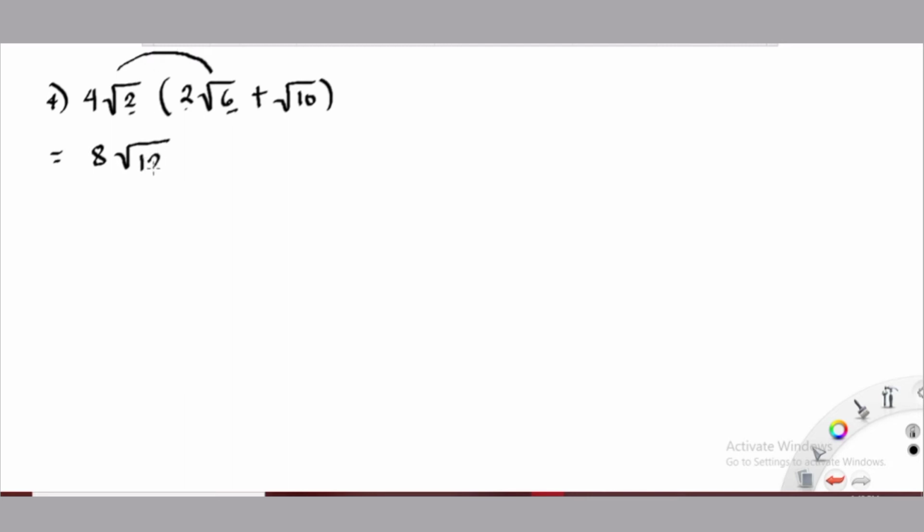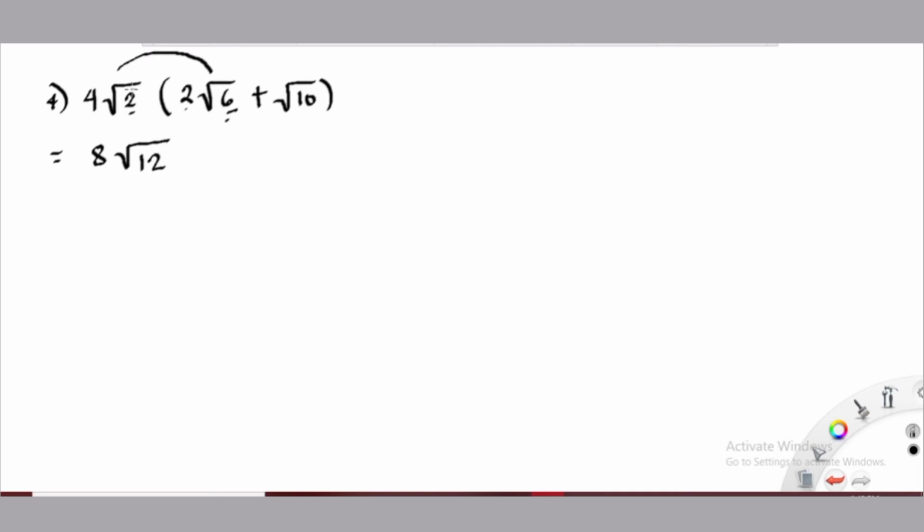That will give us 12. Okay? So, 4 square root of 2 times 2 square root of 6 gave us 8 square root of 12. Now, we're done multiplying 4 square root of 2 doon sa ating unang term, na nasa loob na parenthesis or binomial.